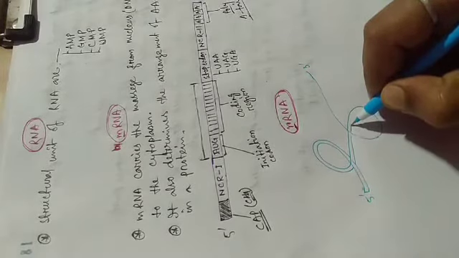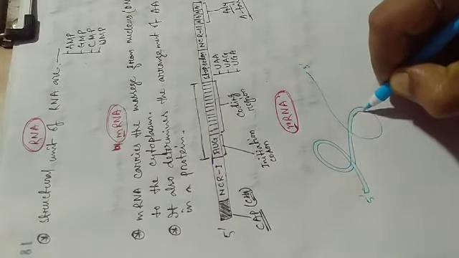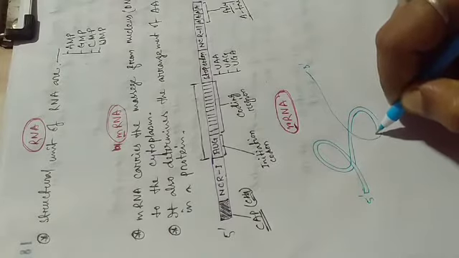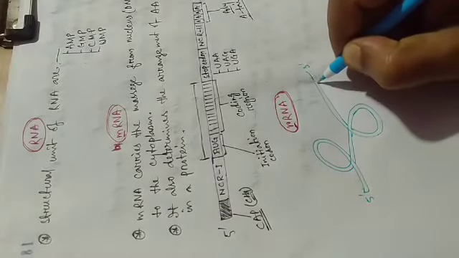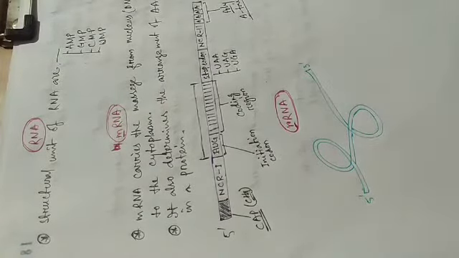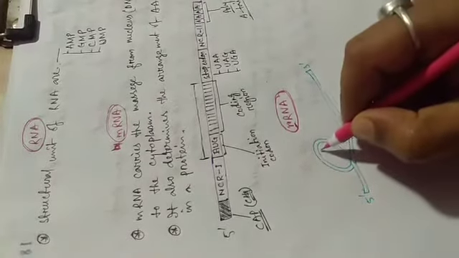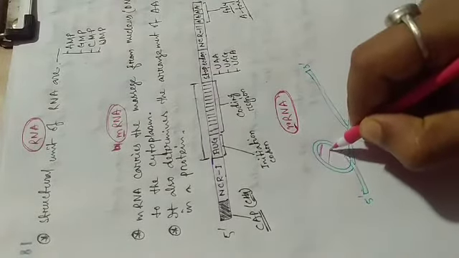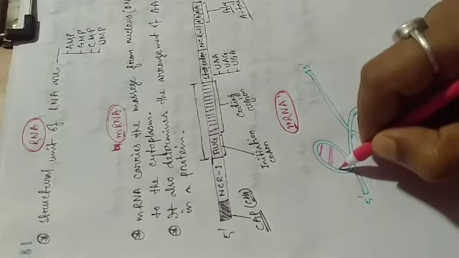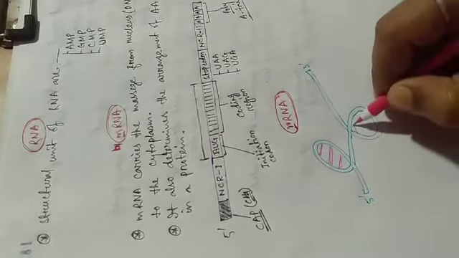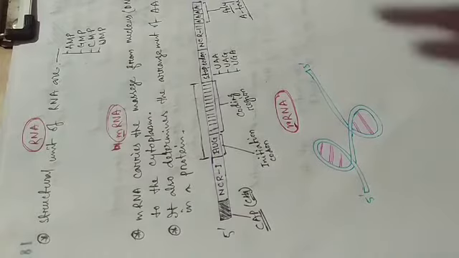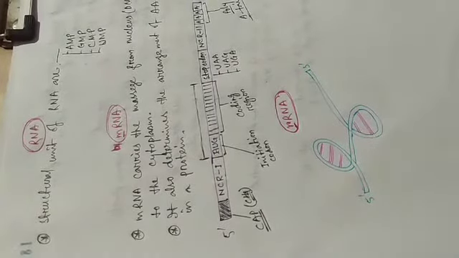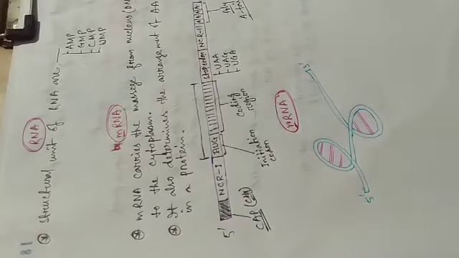Because the RNA contains complementary base sequences. rRNA contains complementary nitrogen bases, so sometimes they form loops by forming hydrogen bonds between the nitrogen bases. But it is not double stranded. RNA is always single stranded. Okay, so that is the structure of RNA.